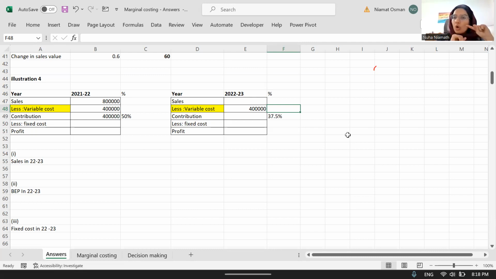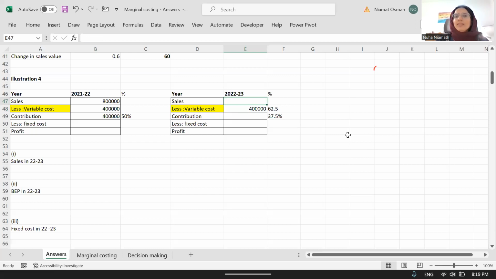See, contribution is sales minus variable cost, correct? So what will be my variable cost? Sales minus contribution, correct? So that will give me my variable cost, which is 62.5%.